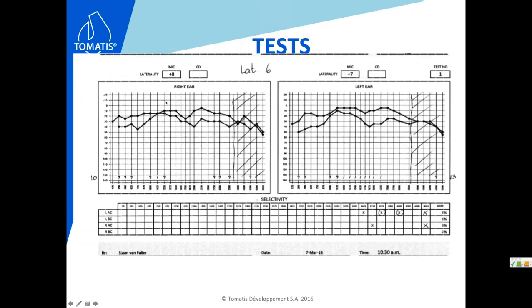Okay. Because here, if we look at the right side, we have this gap also that you have to take into account in the air conduction. You see? Okay. Between 1500 and 2000? Is that what you mean? Yes, in air conduction. What does that mean?